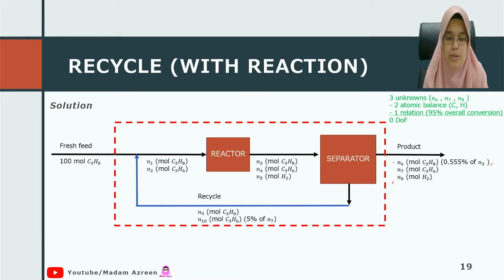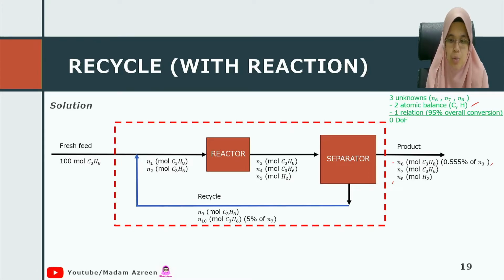Because this is a reaction, you can do atomic balance, which is for C and H. And you have one relation, which is the 95% overall conversion. So it will give you 0 degrees of freedom.